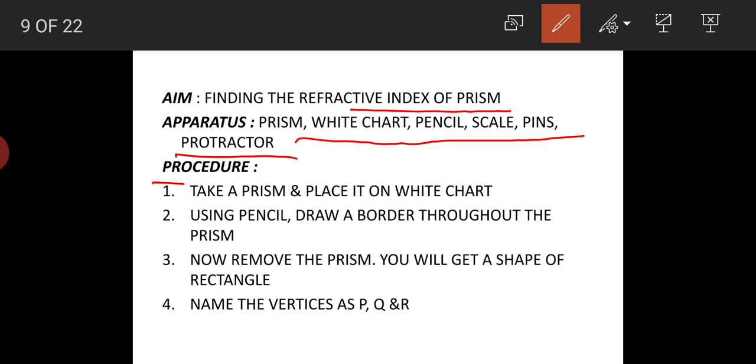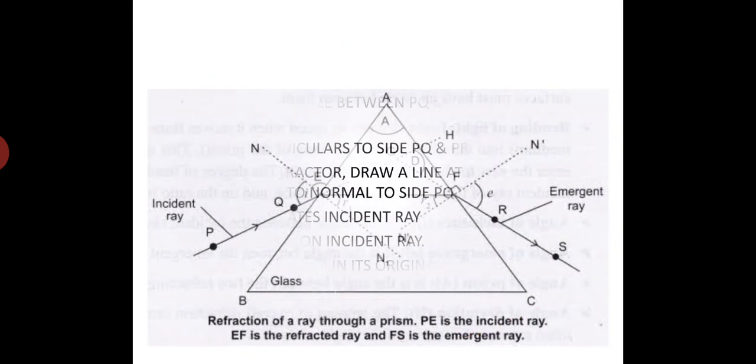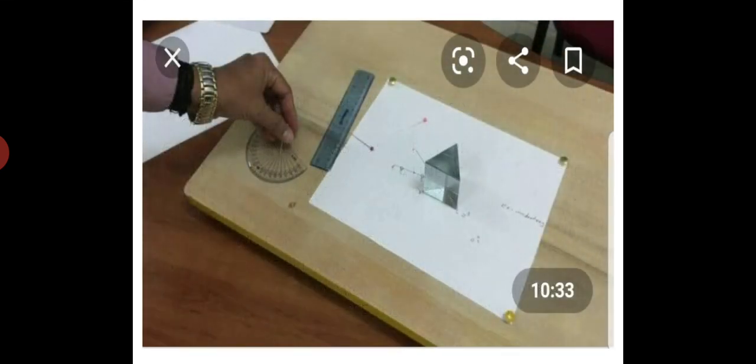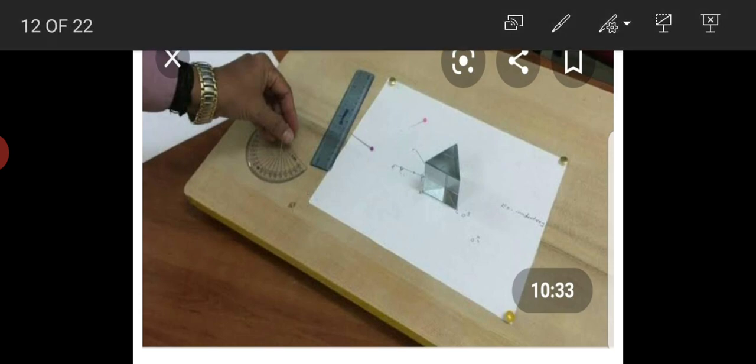Procedure: first take a wooden plank, then take a white chart and place the prism on this white chart. After placing it, using a pencil, draw borders throughout the prism.